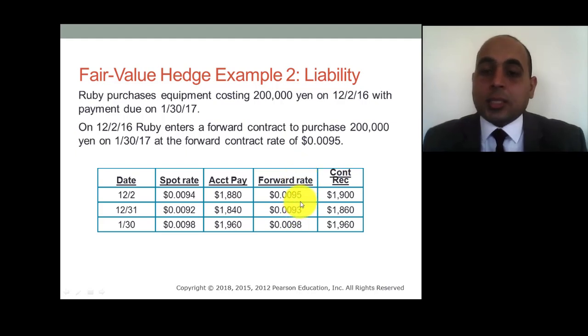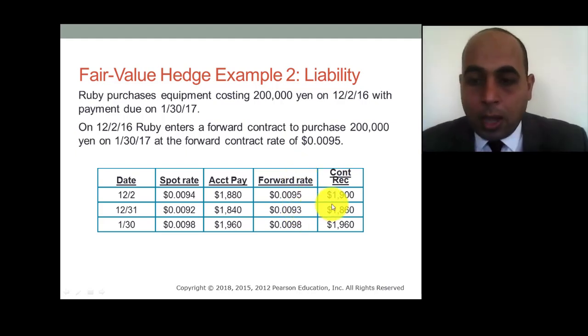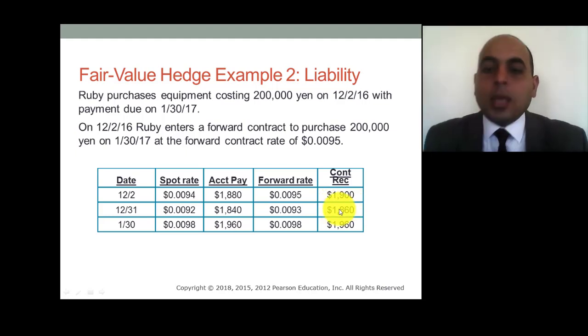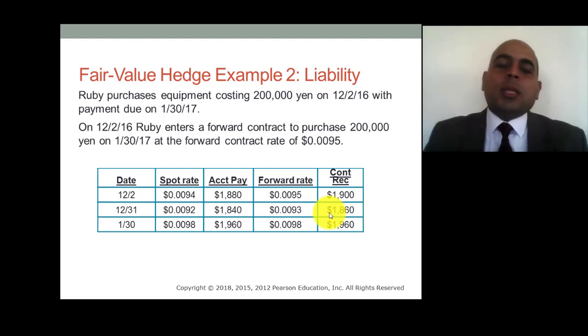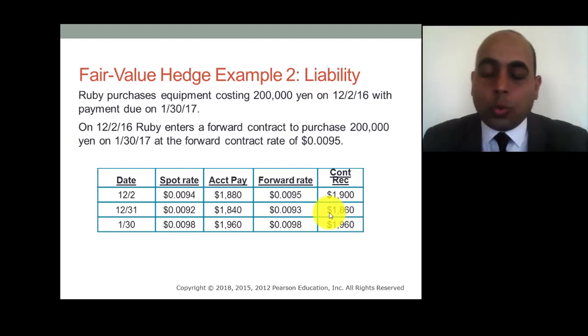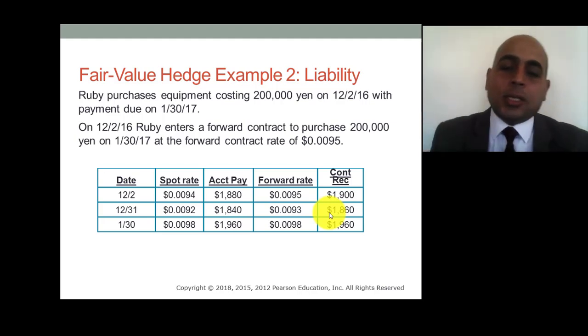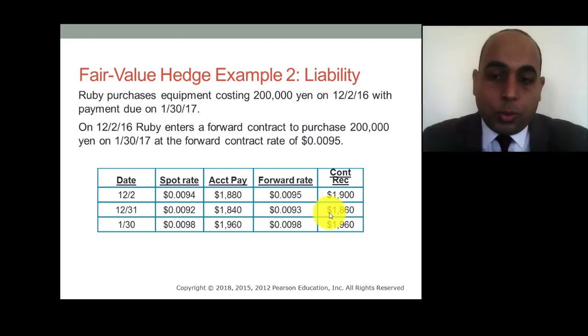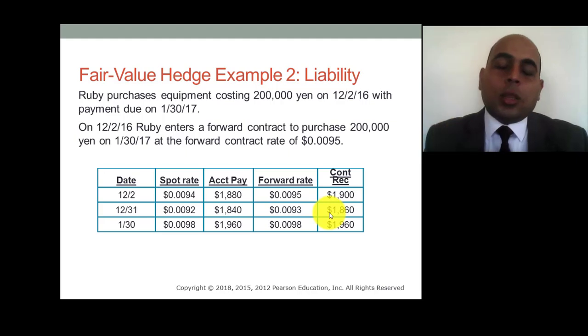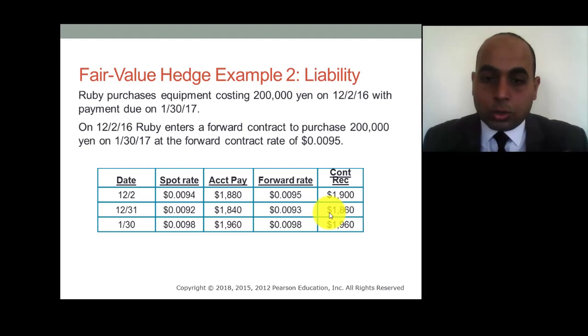So as I will pay the fixed amount 1,900 and I will receive 200,000 yen, the value of the amount that I will receive has declined from 1,900 to 1,860. Against the contract receivable, the value of the 200,000 that I will receive has declined. So in this case, I have a loss.